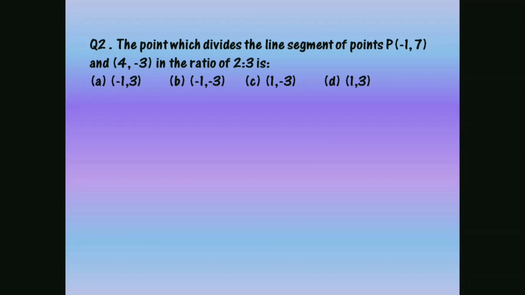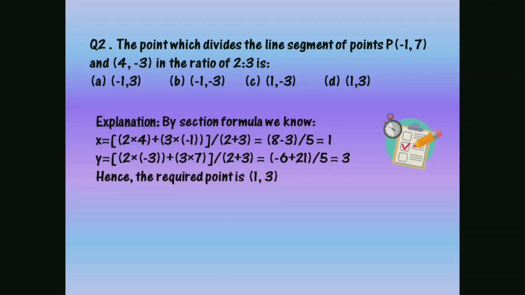It is a direct question: x1, y1 is (-1, 7) and x2, y2 is (4, -3), and the ratio m1 is to m2 is 2:3. Substitute the values. You will get the x coordinate as 1 and the y coordinate as 3. So the correct option is option D, (1, 3).